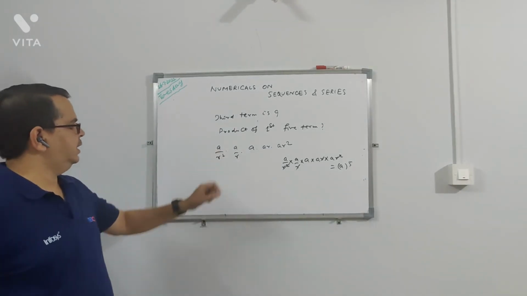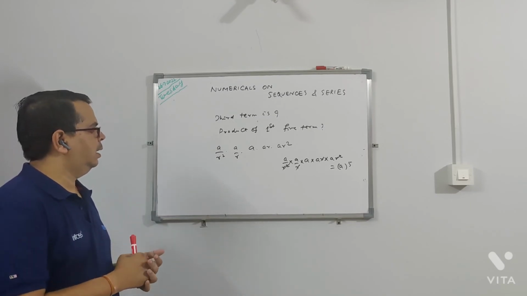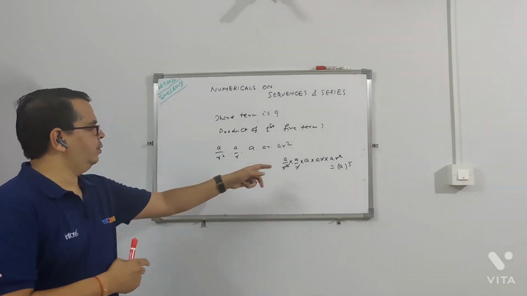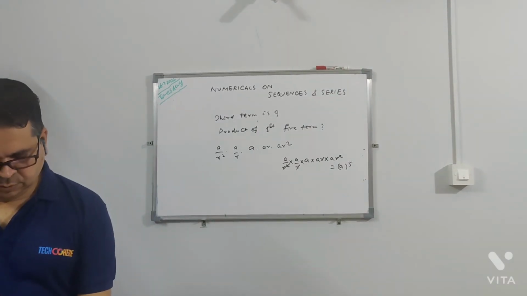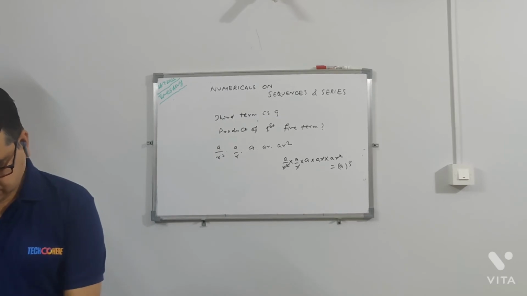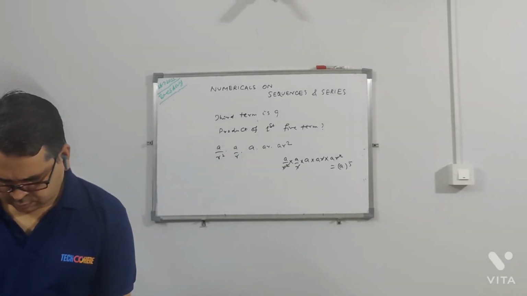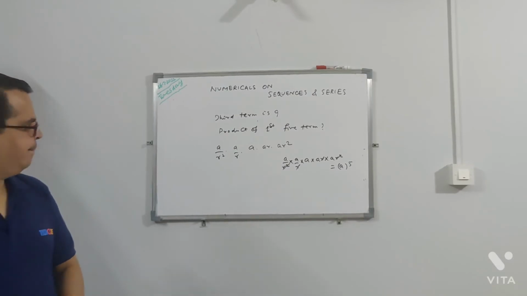Third term is A. So A is equal to 9. Okay. 9 to the power 5.